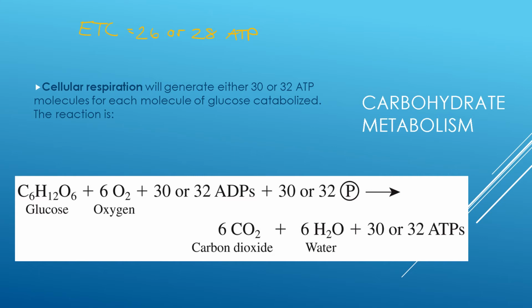Now, the specifics of this you don't really need to know, but in brief, this discrepancy in ATP numbers produced is due to the differences in NADH shuttles. So whether we're going to get 26 or 28 just depends on differences in NADH shuttles in different areas of the body.